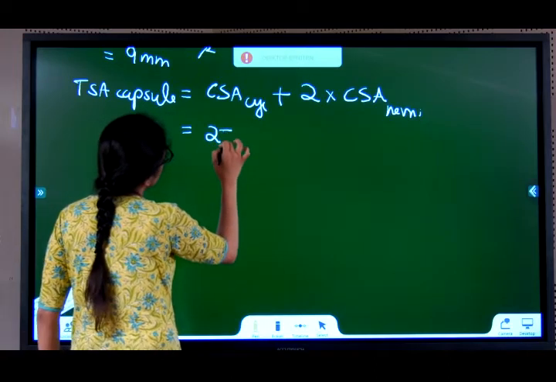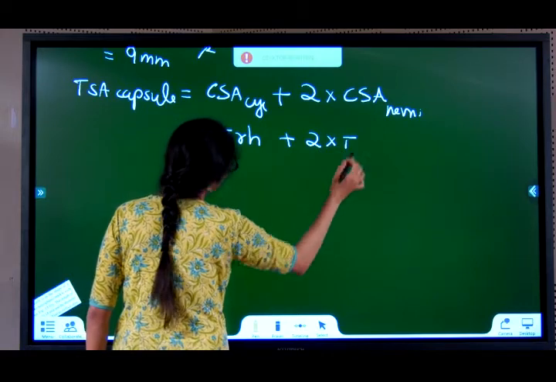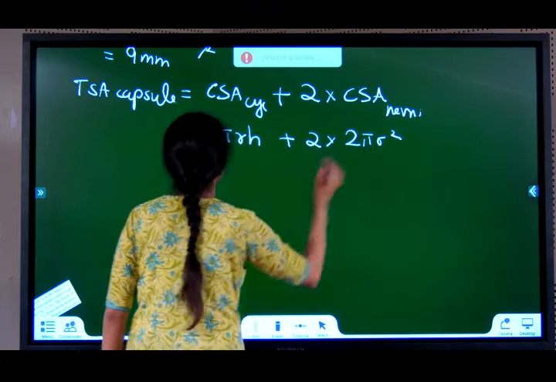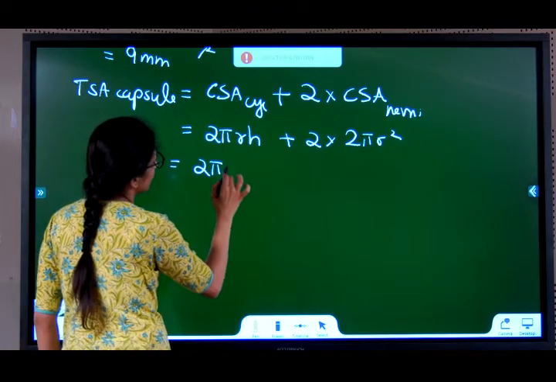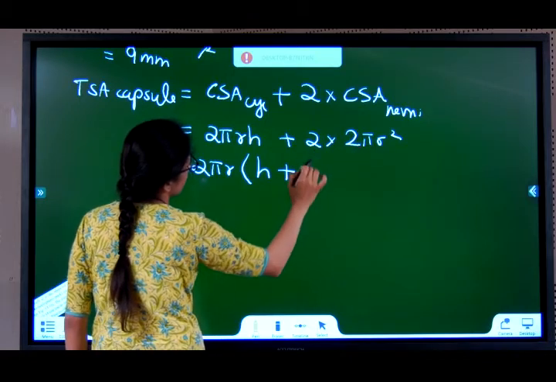CSA of cylinder 2 pi RH plus 2 into hemispheres 2 pi R square. 2 pi R can be taken as common. You are left with H. 2 pi R is gone. So 2R.